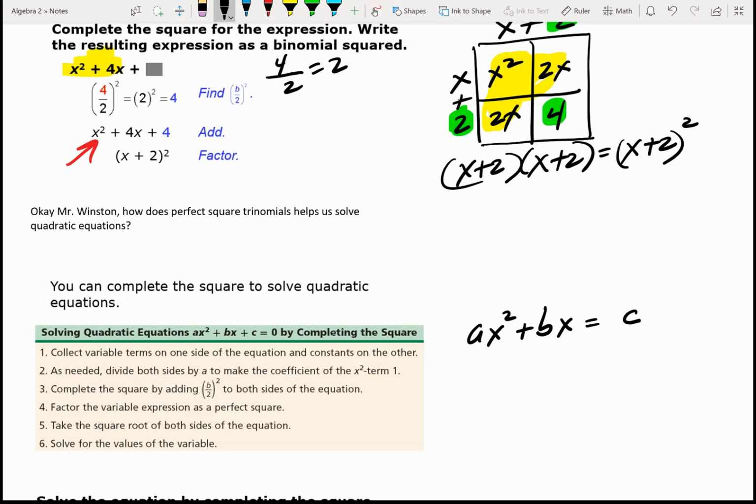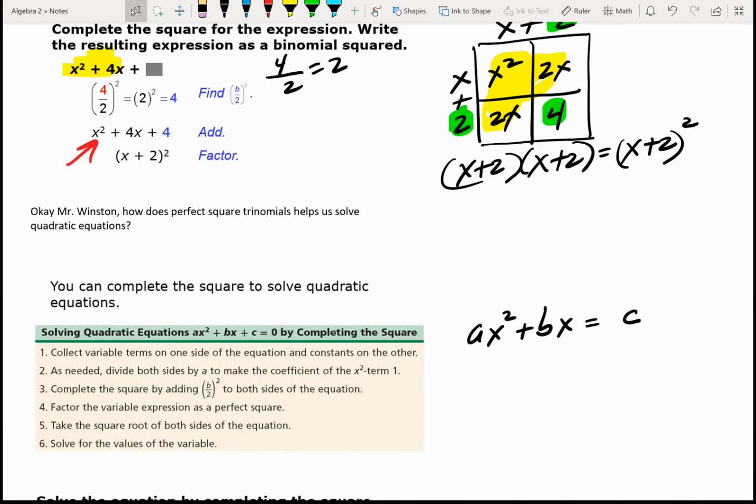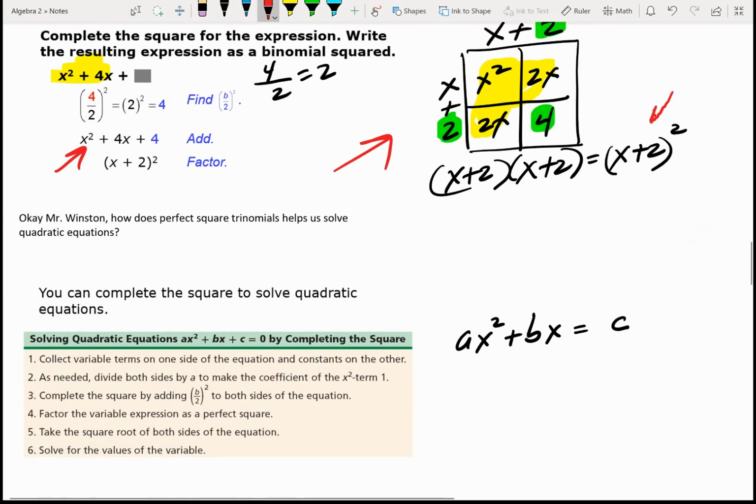Then you'll factor the variable expression as a perfect square. What they mean by that is, when I completed the square here, I got x squared plus 4x plus 4, but I'll just write that as x plus 2 squared. I'll write it as its factors. I won't write it like they did there, x squared plus 4x plus 4.